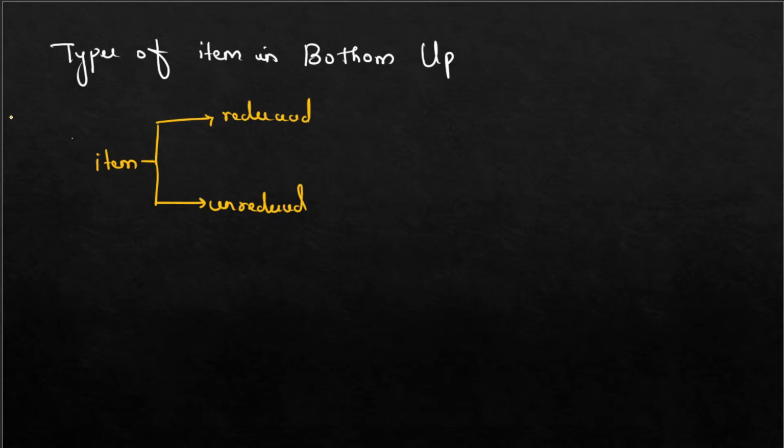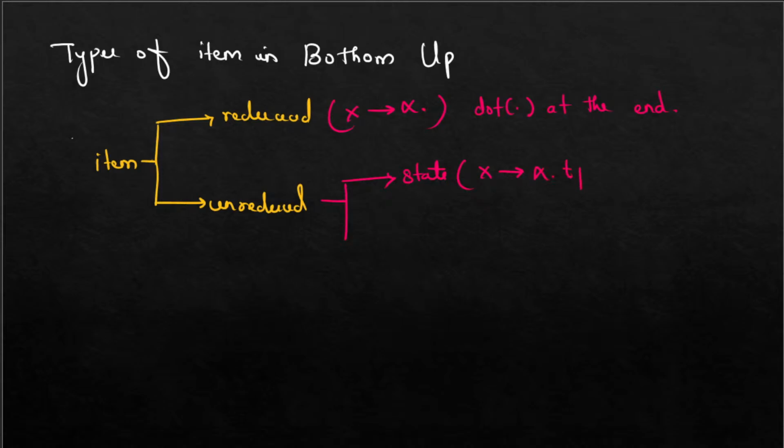An item X to alpha dot, with the dot at the end, means it is reduced. But if you have a state like X deriving alpha dot T beta, then T belongs to non-terminal, a variable after the dot.